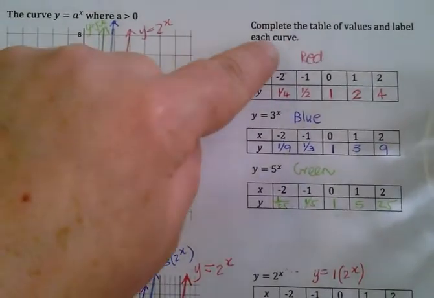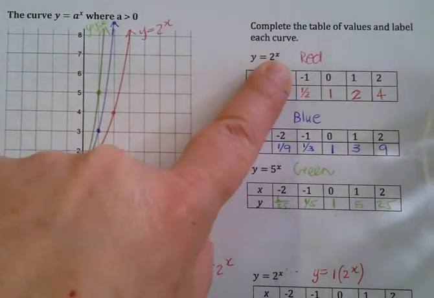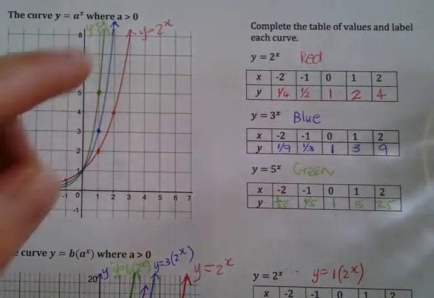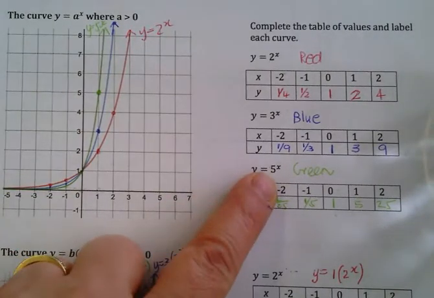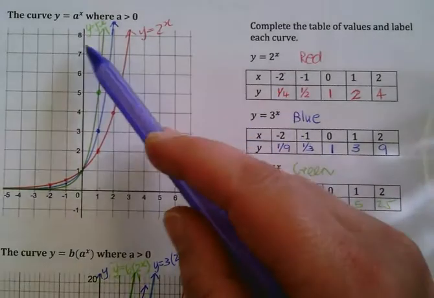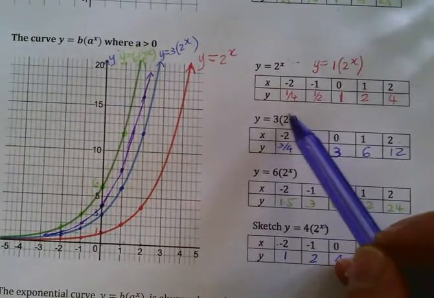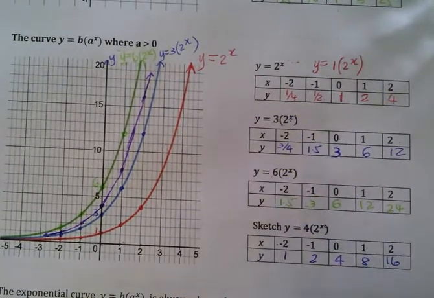These curves, if it's just a number to the power of x, they all pass through 0, 1, because when you substitute x is 0, you get y is 1. But as the base of that exponential function gets bigger, the curve gets steeper. With this one, I've based them all on 2 to the power of x, but we're multiplying it by a bigger constant at the front.